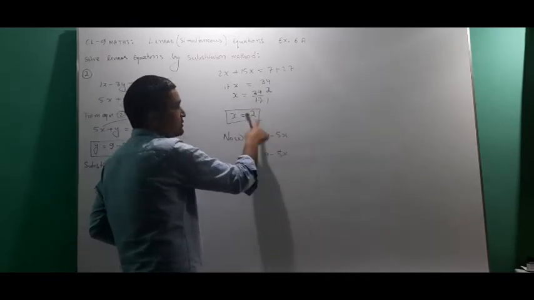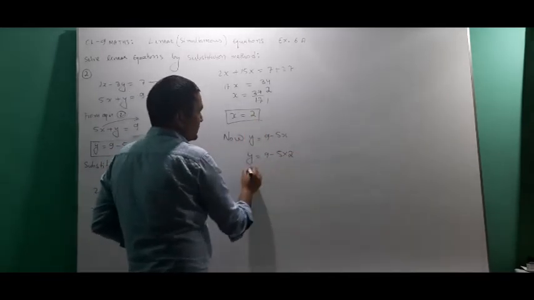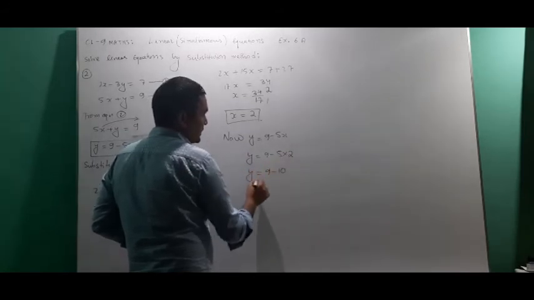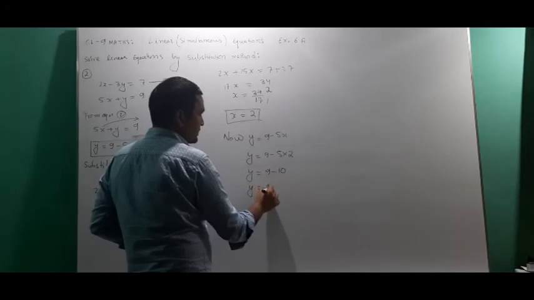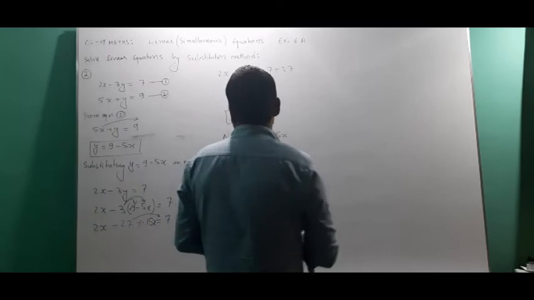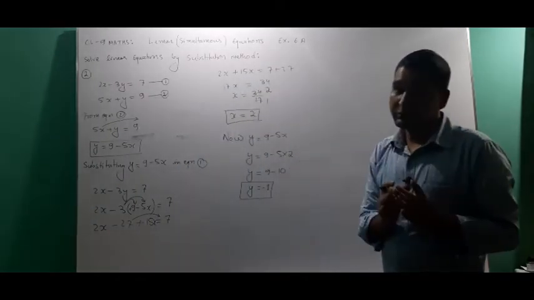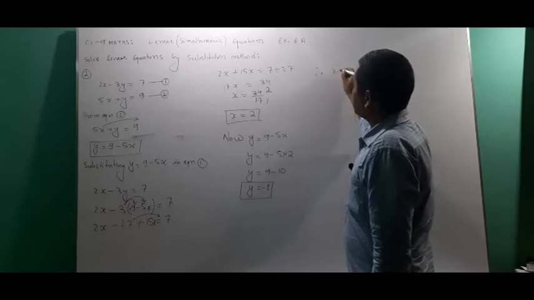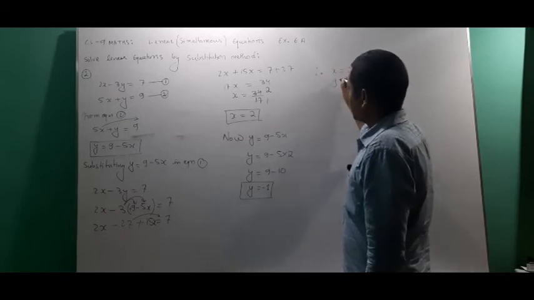Then y equals 9 minus, 2 fives are 10. Then 9 minus 10 is minus 1. We got the value of y. While writing the values of x and y, write them together. Therefore x equals 2, y equals minus 1.